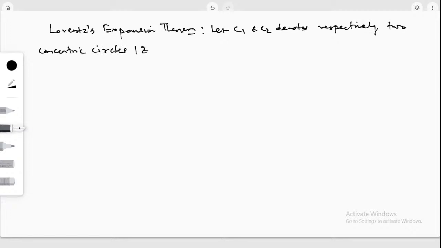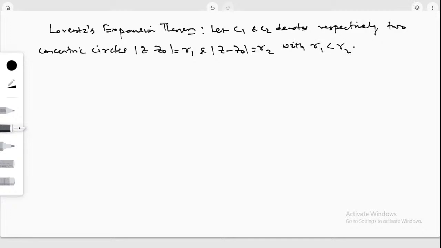What are these two circles? This is modulus of z minus z naught equal to R1 and modulus of z minus z naught equal to R2, with R1 less than R2.